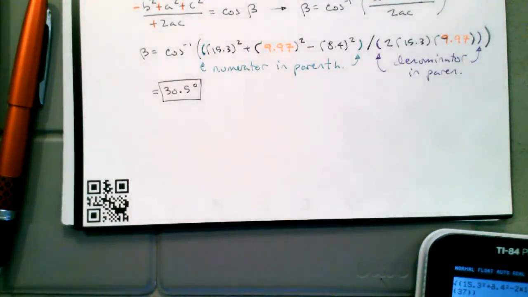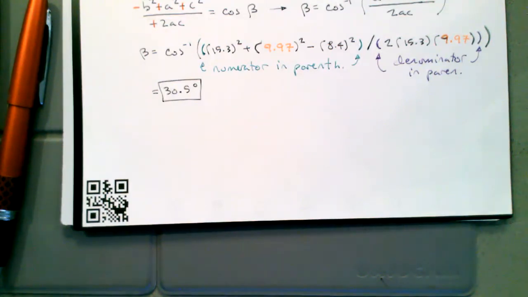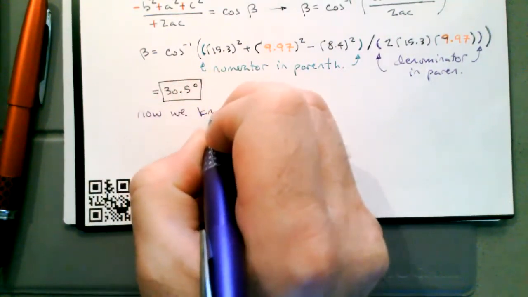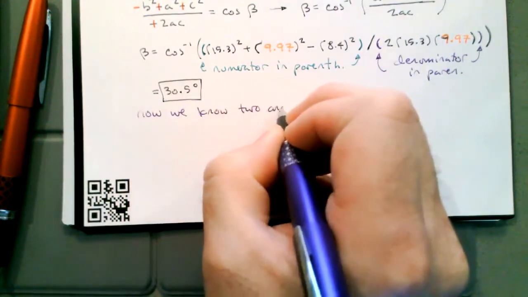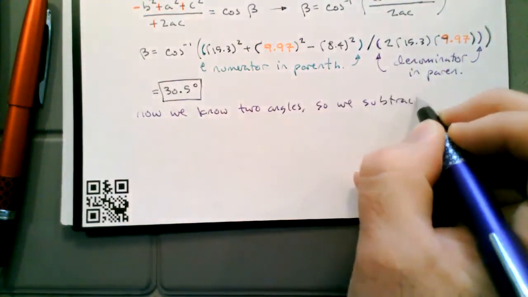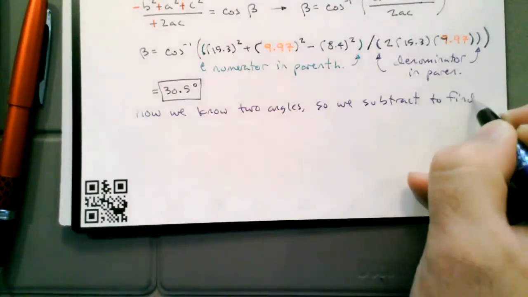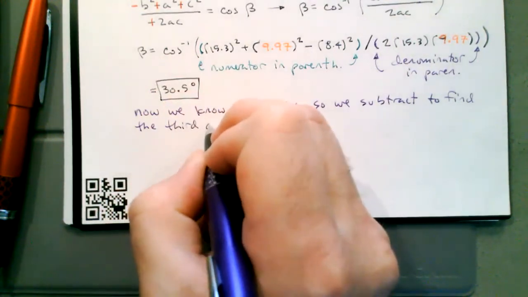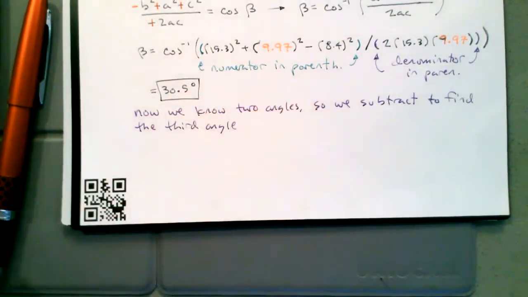Now we could use the third line of the law of cosines to find angle alpha, but at this point, we know 2 of the angles, so we should subtract to find the third angle. That's our old protocol from before.